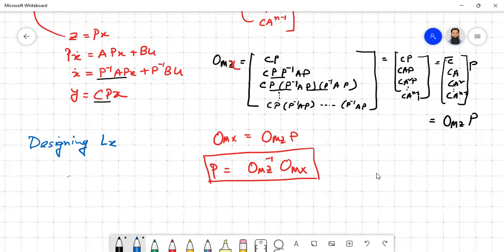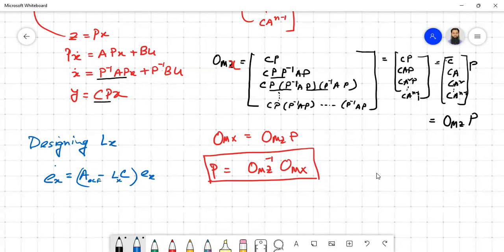So the error we have to choose is e X dot equals, originally what we have is A minus LC of your eX. Since the system has changed, this is for the observer canonical form, and this is also for the X type of system.